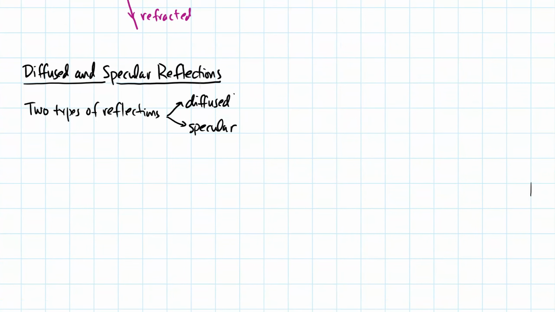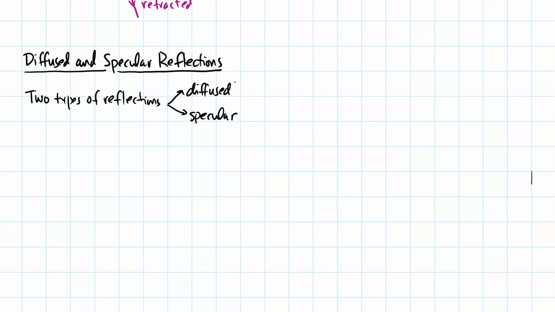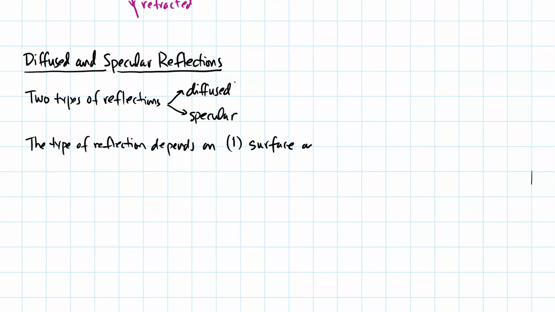So writing this out here, the type of reflections depends on 1, surface, and 2, wavelength of incident light. Let's start with the surface.